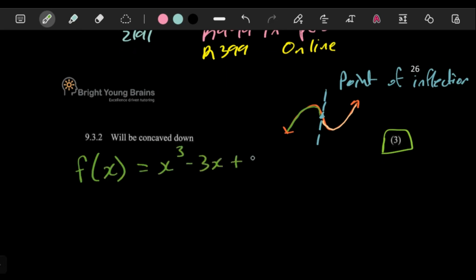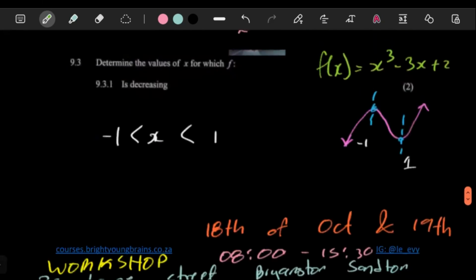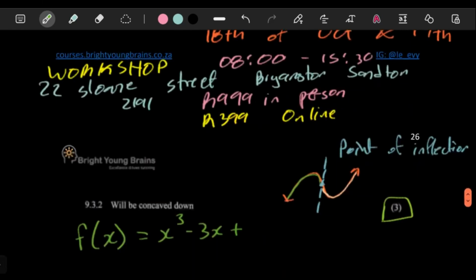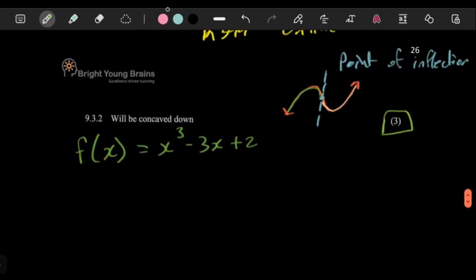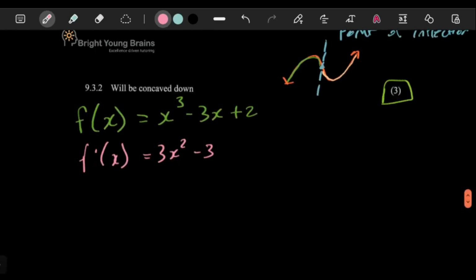Differentiating once, we get 3x squared minus 3.